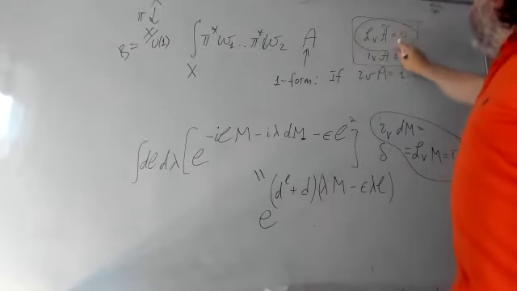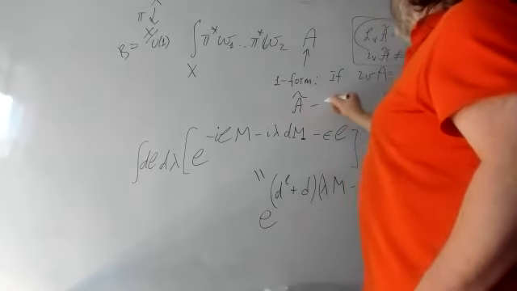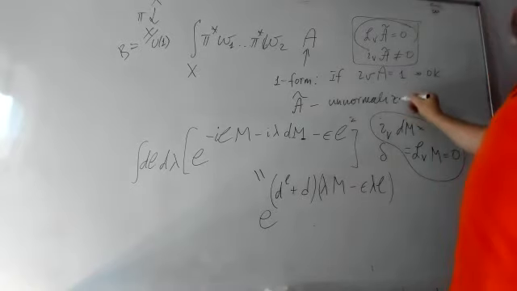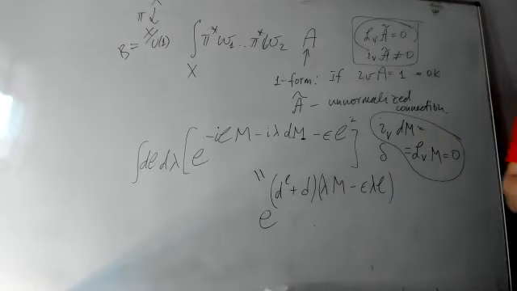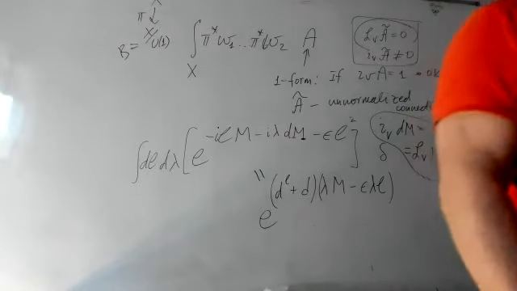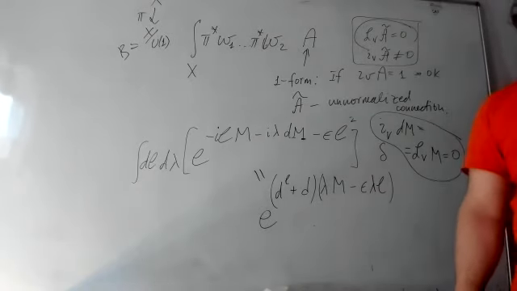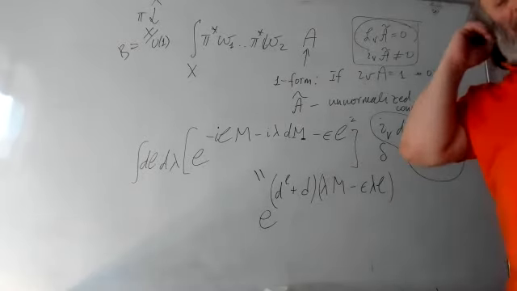Okay, let me call it A tilde. And A tilde is unnormalized connection. You may ask, why should we even bother with this unnormalized connection stuff? Why not to use normalized connection and forget about it?